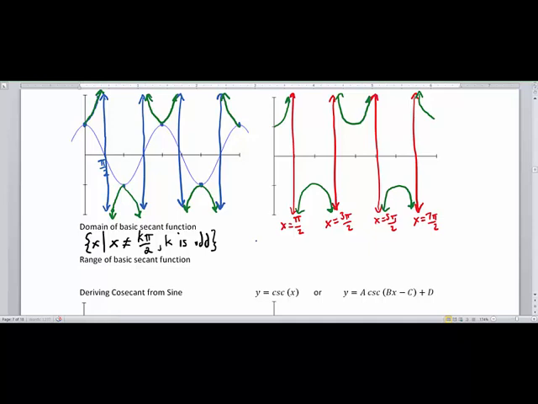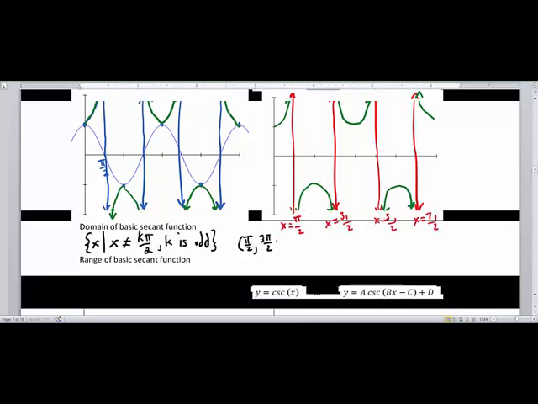Now, if I was to do interval notation here, I would need the space between these two. So I would need between pi over 2, comma, 3 pi over 2. And then I would need to connect that with 3 pi over 2 and go to the next one, which is 5 pi over 2.